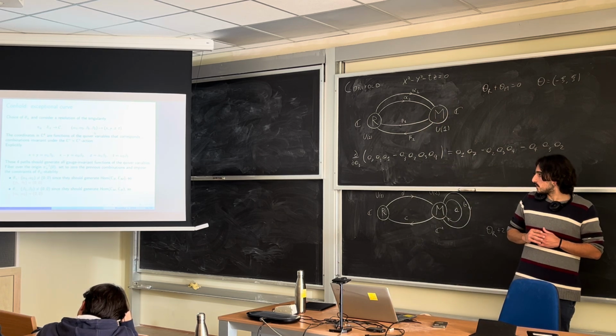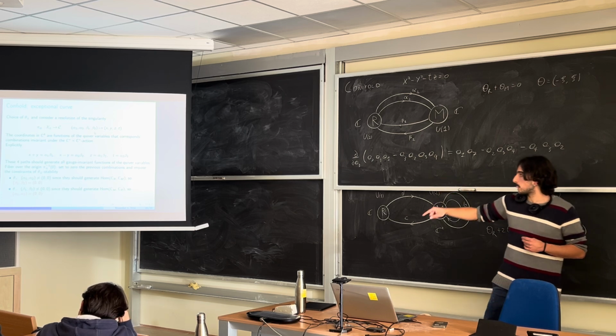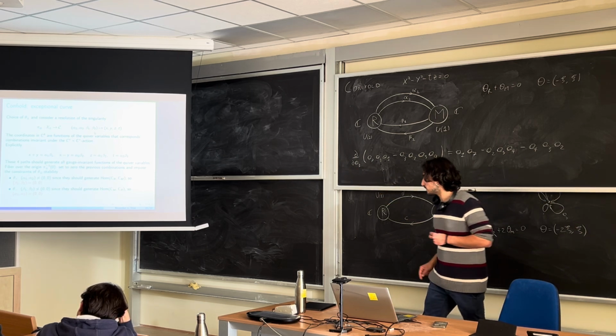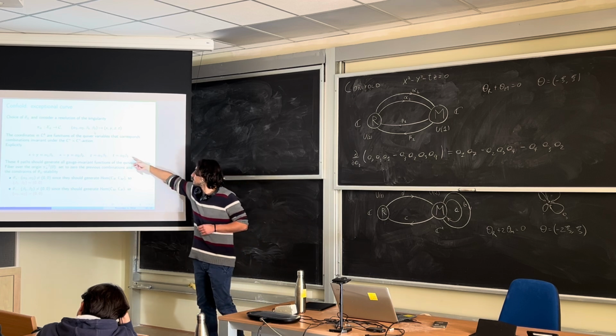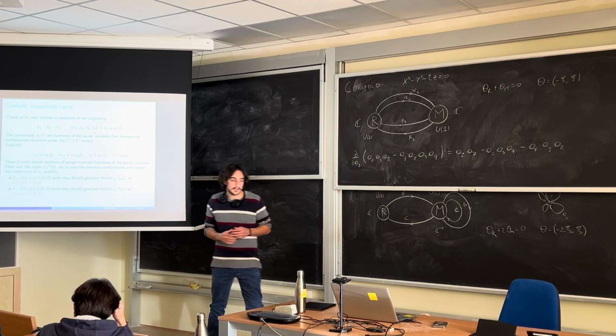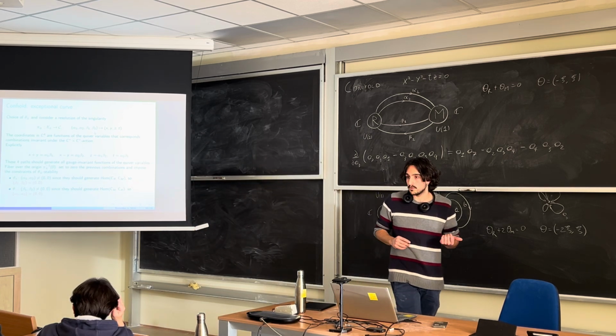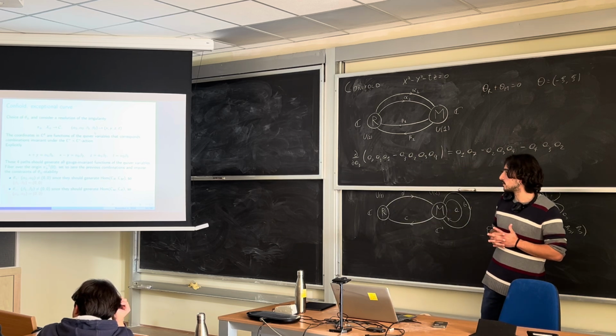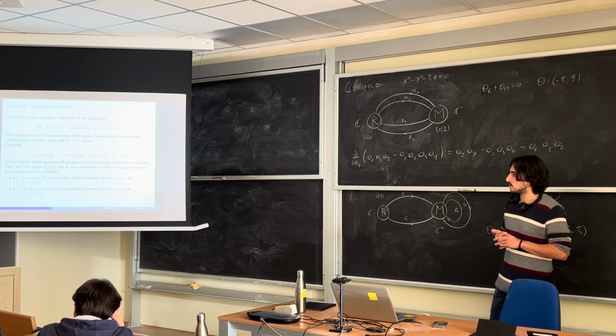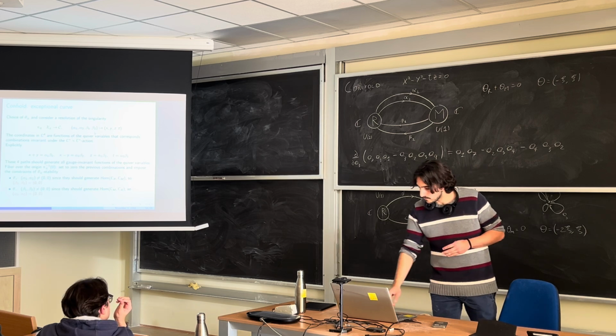And so, if we want to annihilate all the functions depicted here, we have to impose that beta 1 and beta 2 are both 0, and vice versa in the other phase, theta minus.